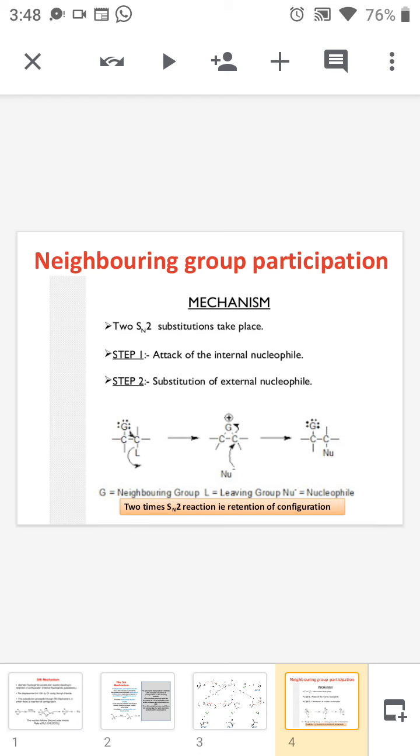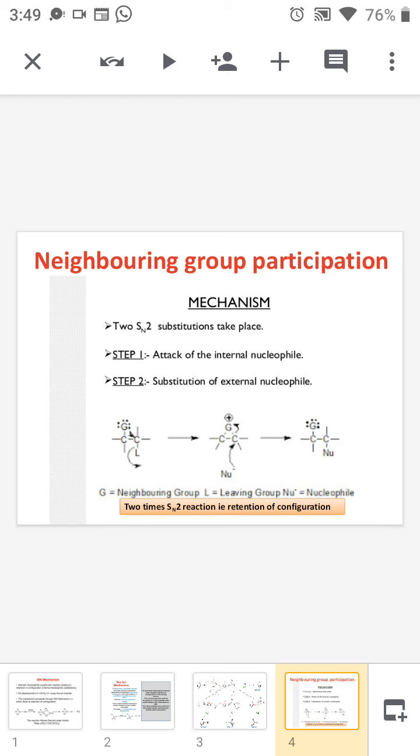In every neighboring group participation, there is a good leaving group and there is an electron donating group which contains either a lone pair of electrons or an atom which has the capacity to donate an electron pair, and this atom is situated beta to the leaving group.